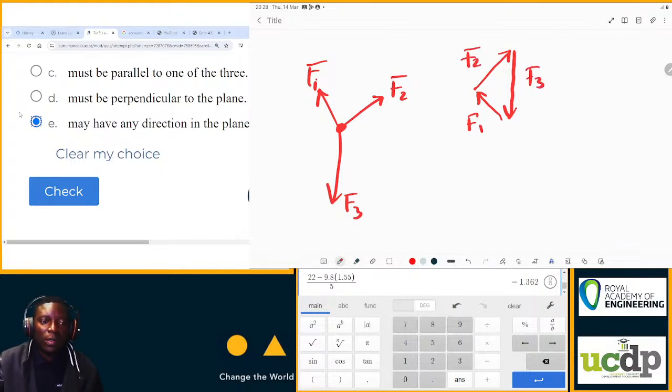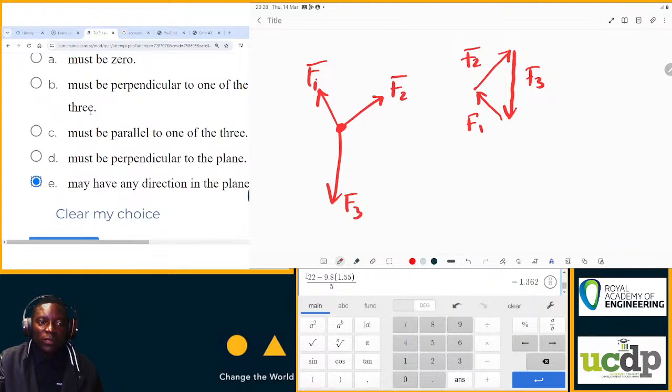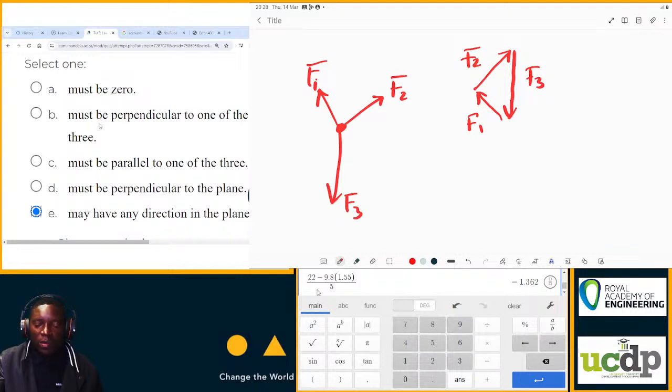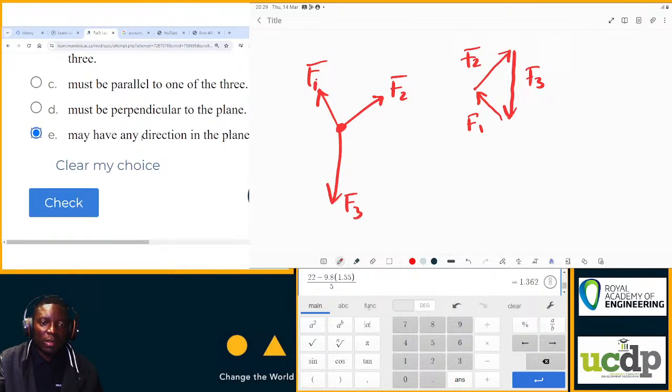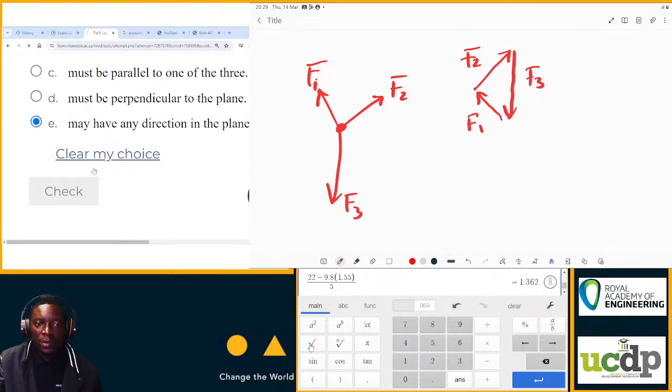But the resultant doesn't necessarily need to be perpendicular to one of the three forces. So that one does not make sense. Parallel to one of the three forces, again, it can, but it's not always the case. So the one that is general and ideal for any given case is where the resultant can have any direction. This is a special case where it can be 0, but the rest are not acceptable.